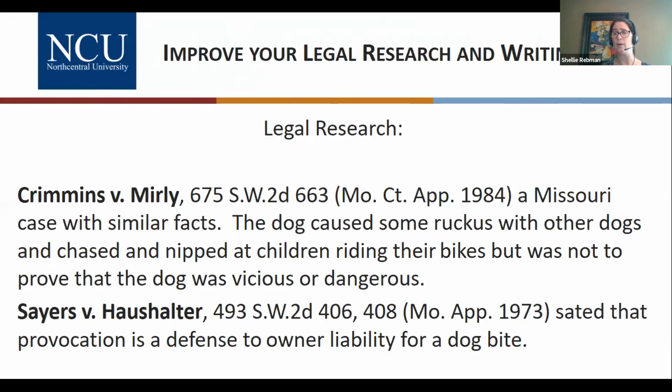The court found that was not sufficient to prove that the dog was vicious or dangerous. Sayers versus Holter, I'm not really sure how to pronounce that, stated that provocation is a defense to owner liability for a dog bite.